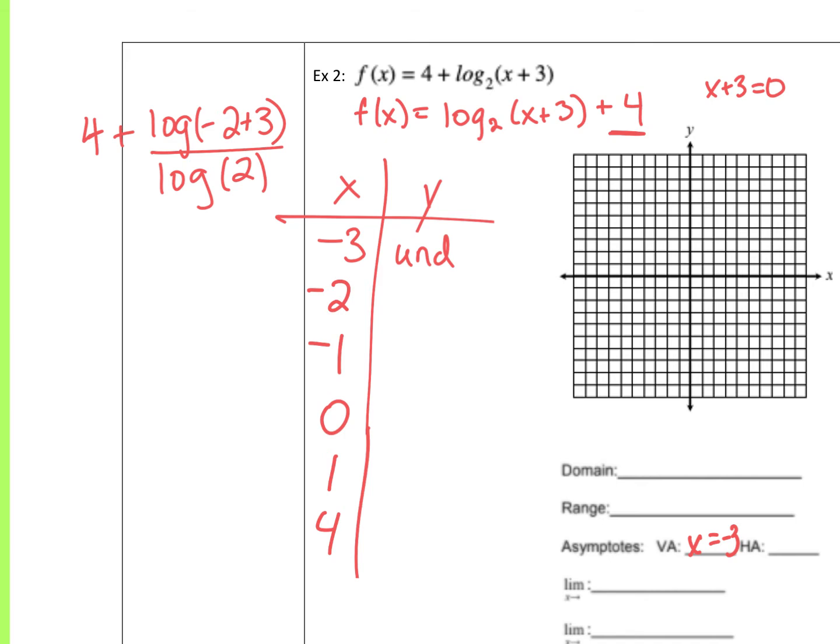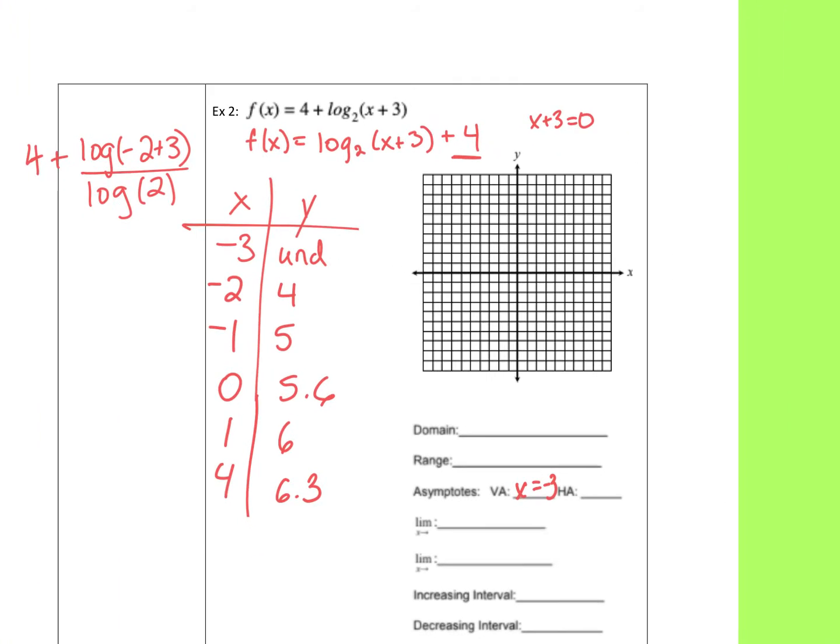What? 4. For negative 1? For 0? For 1? And for 4? Huh? I didn't do 4. You didn't do 4, you did 2. Anybody do 4? 6.3. Cool. Okay.